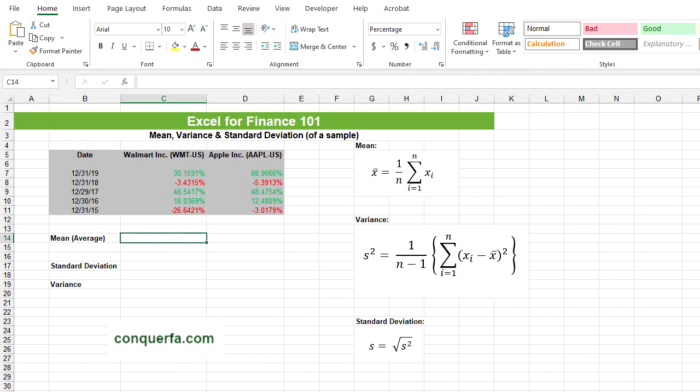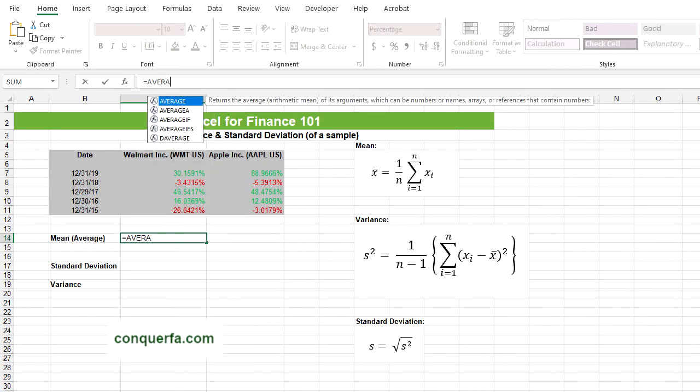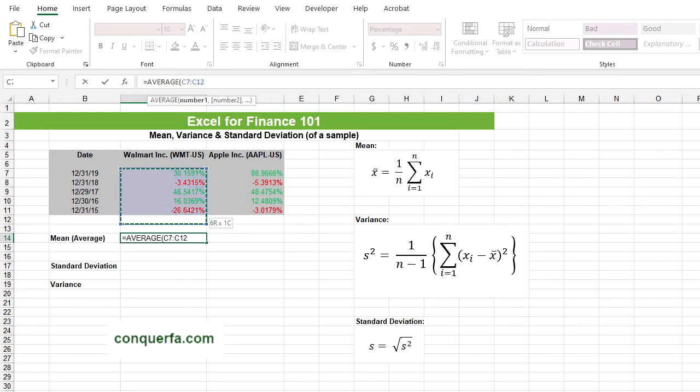And Excel makes it really easy. We don't actually have to use this formula at all. We can refer to the function that's inbuilt into Excel called the average function. So we'll just select the cell here. We'll type in equals average, put in an open bracket, and we'll just highlight the cells that contain our data.